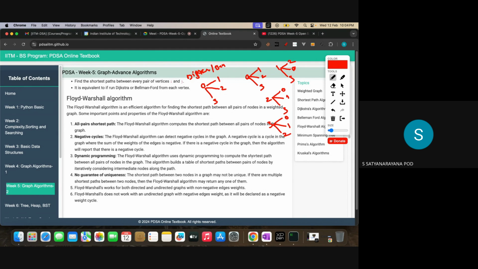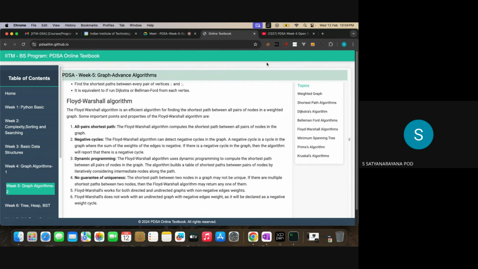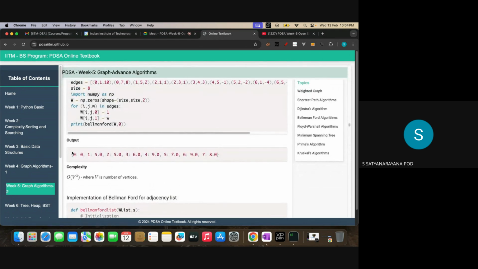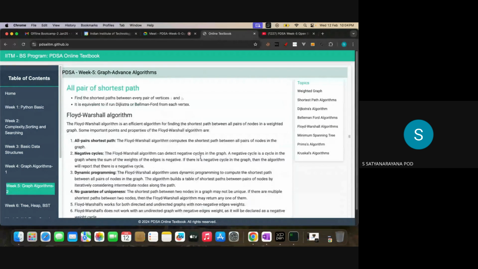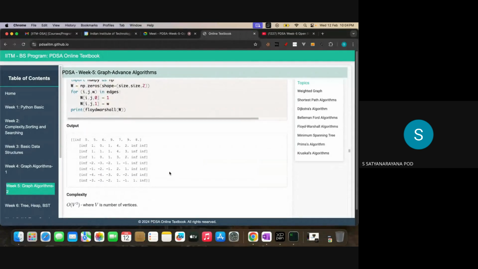So in the case of Dijkstra's and Bellman-Ford, we get a single row result. But in the case of Floyd-Warshall, you get multiple results, in rows and columns. The result of the earlier one is simple, a single kind of dictionary, since it's a single source. But the output of this one is interesting: from 0 to all other vertices, what is the path?